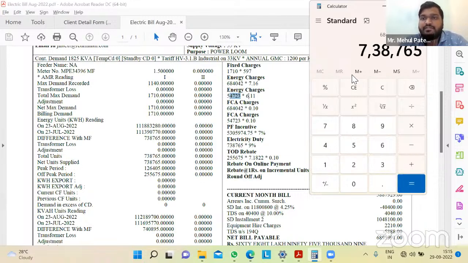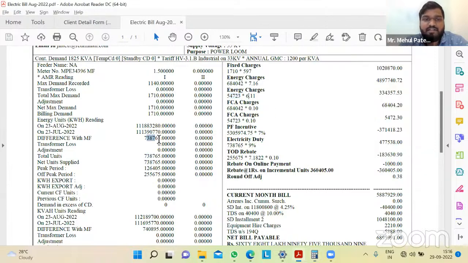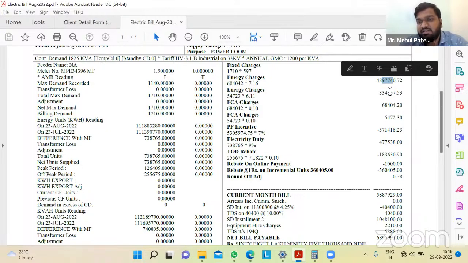Yeah, so it's 738765. As you can see, 738765. So the total units have been bifurcated into 2 particular units at different tariff rates. So these are your energy charges, these 2 are the energy charges.